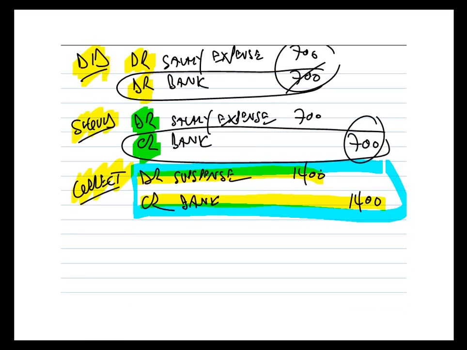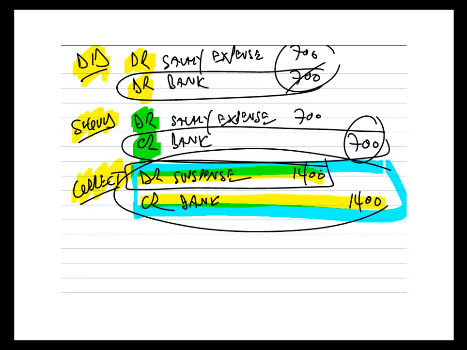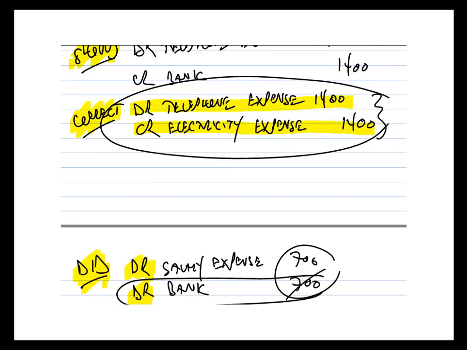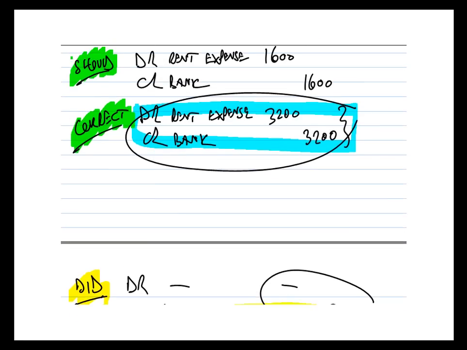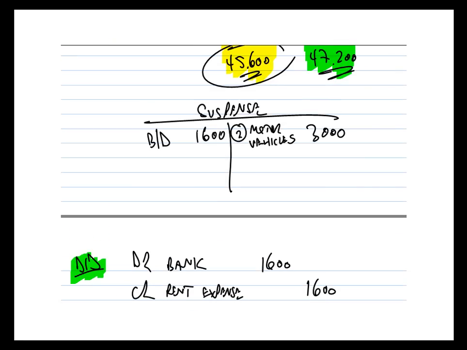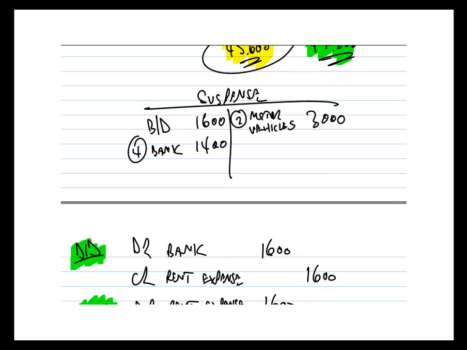And if we come to the 4th error, well, that did have an impact on the suspense account. We said we would debit the suspense by 1,400. So if I now go back to my suspense T account, if I enter that debit for the 4th error, so the 4th error, this was other side on the bank, 1,400, and 2 of my 4 errors you can see here do affect the suspense account.